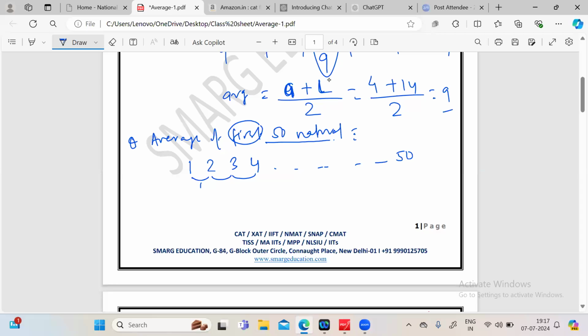In such a case, the average will be the middle value. Since we are not able to see the center value because the series is big, I'll add the first number with the last number and divide by 2. So 25.5 will be the average.